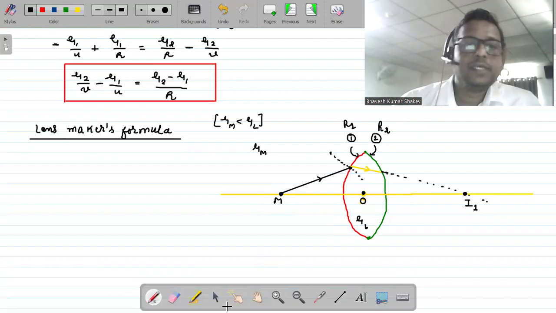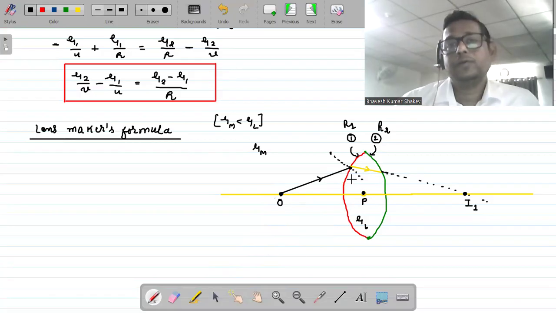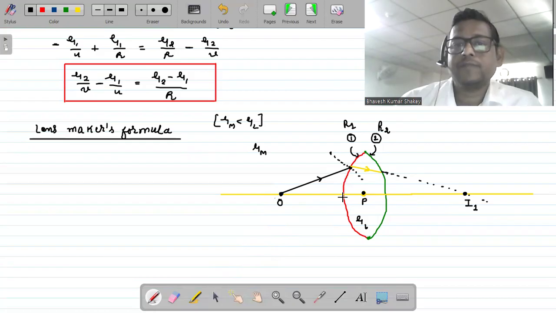Let's say O is the object, and P is a point here. This image is formed because of spherical surface 1.